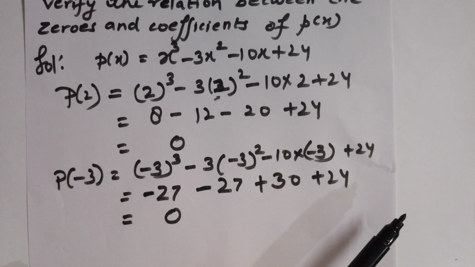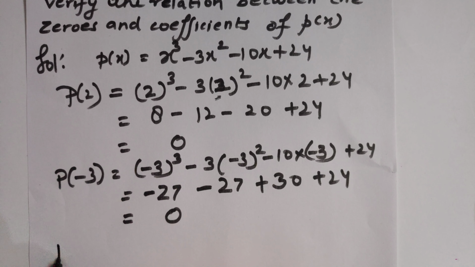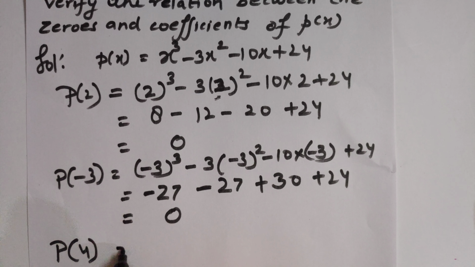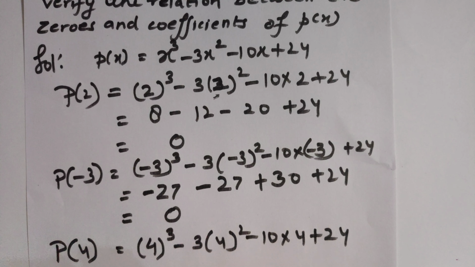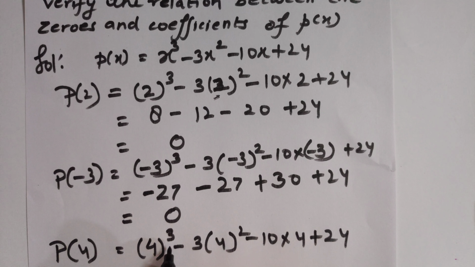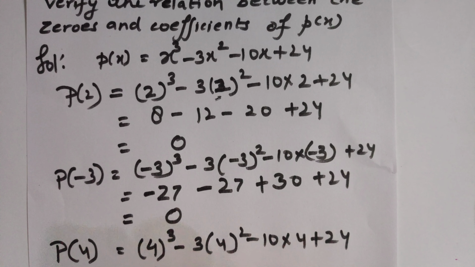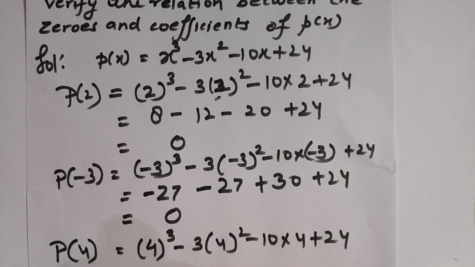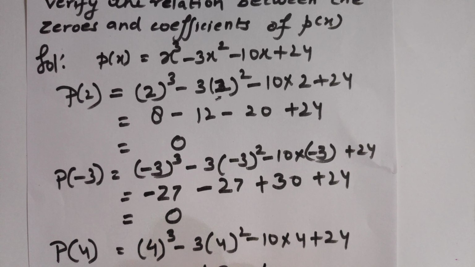We will again do the same procedure: we will find p(4), and we will put the value 4 instead of x. 4³ - 3 × 4² - 10 × 4 + 24. 4 4s are 16, 16 4s are 64, minus 4 4s are 16, 16 3s are 48, minus 40 plus 24.